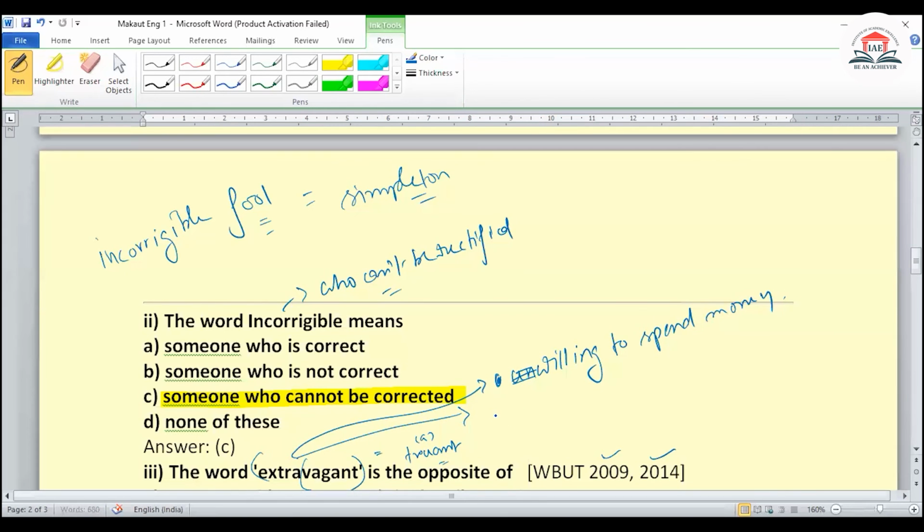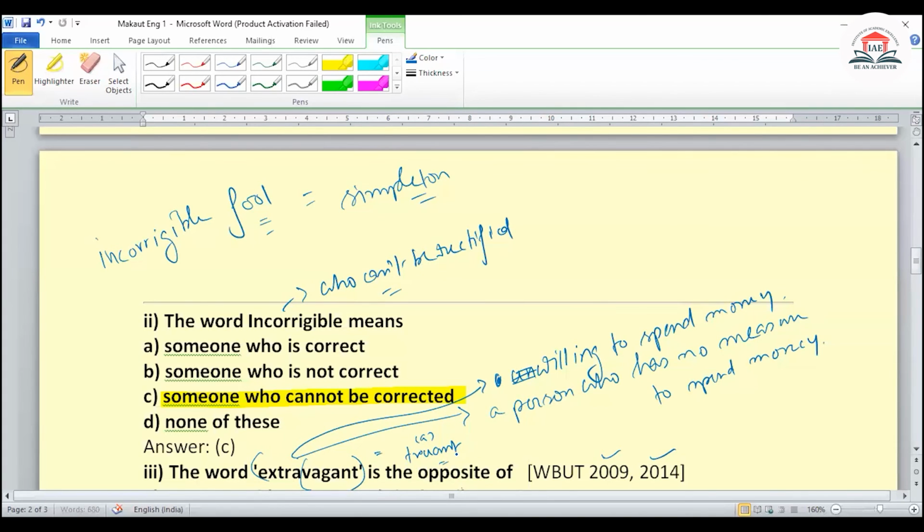That means no measure to spend money. That is extravagant. So now come to the opposite of the word extravagant.